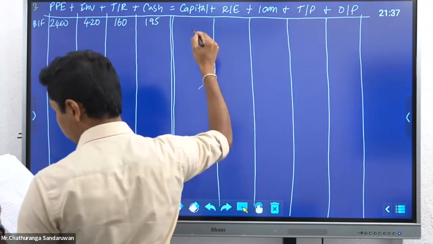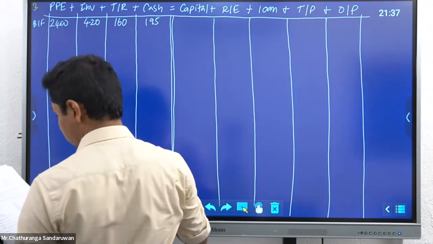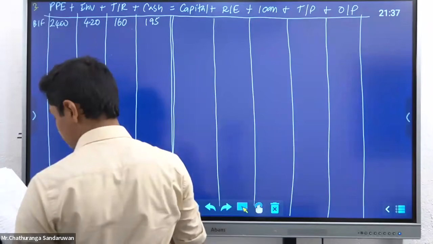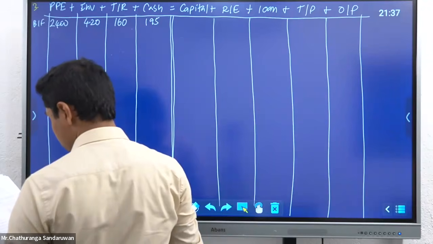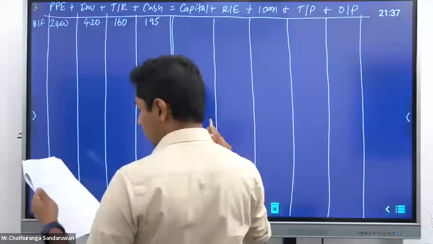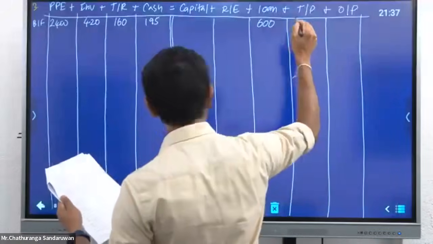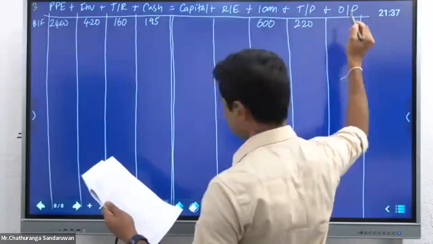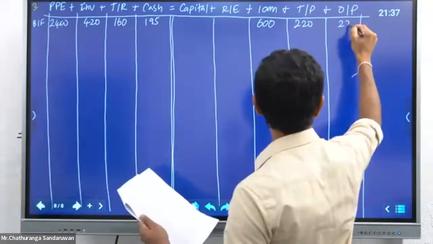Capital we have to find. And also retained earnings is not given. Keep it. Then bank loan 600, trade payables 220, other payables 222.